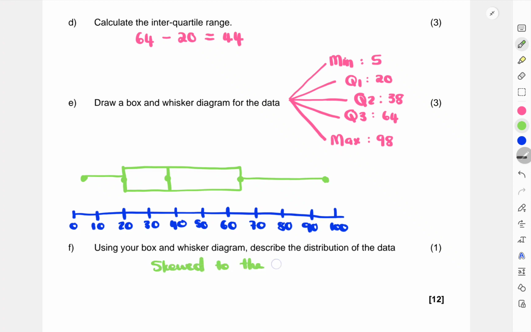Skewed to the right. And then I'm just going to label: minimum here is 5, maximum is 98. Quartile 1 is 20, quartile 2 is 38, and quartile 3 is 64.